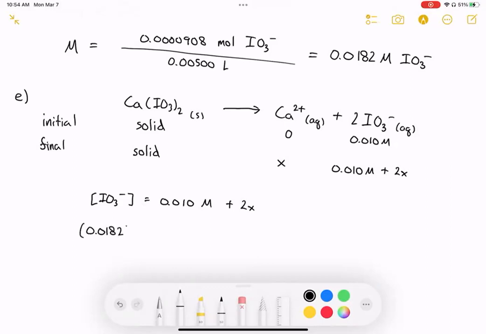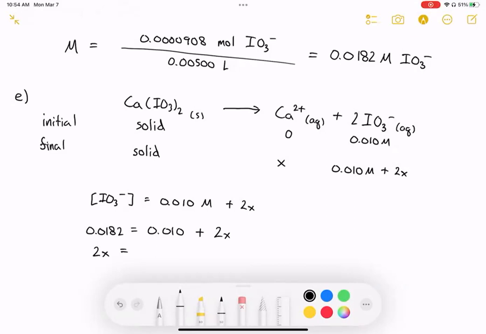0.0182 equals 0.010 plus 2X. So if we solve that, we will get 2X equals 0.0182 minus 0.010.